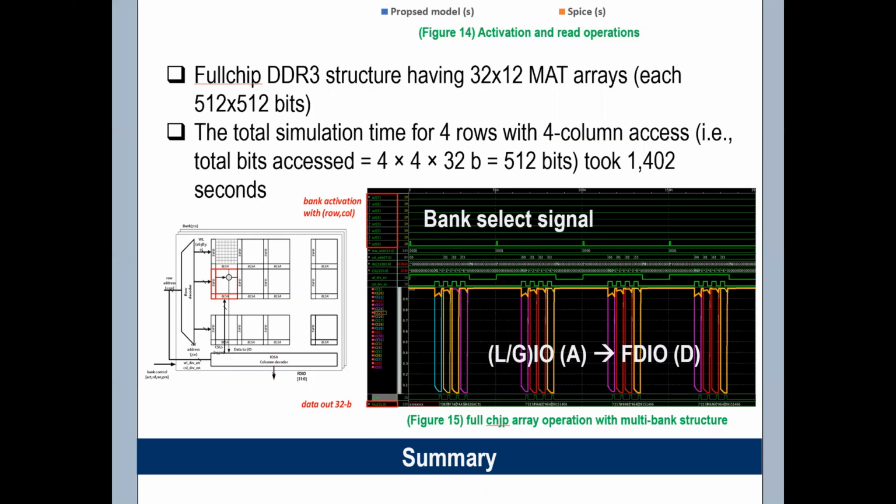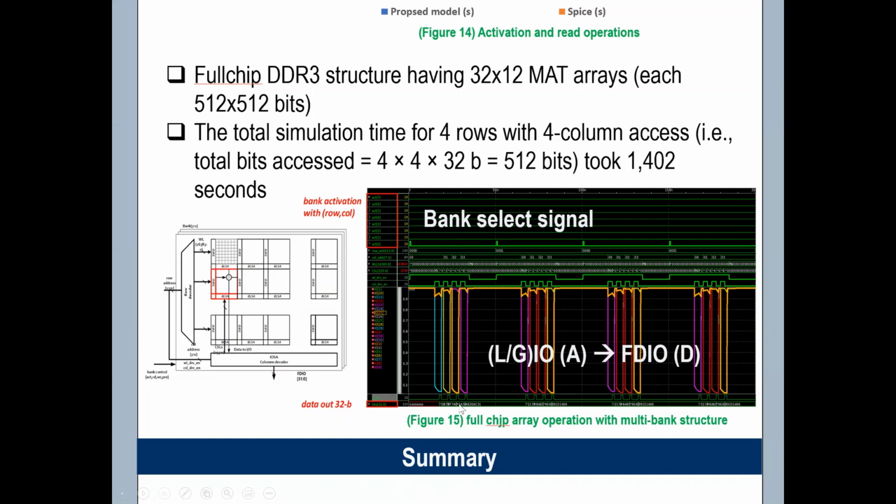We can see analog output depending on the cell data for the row. In this model, we can read 32-bit data for a single row activation. Reading 512 bits only took 1,402 seconds while simulating full analog operations. Using the analog to digital converter primitive, we can also get the digital 32-bit data here.